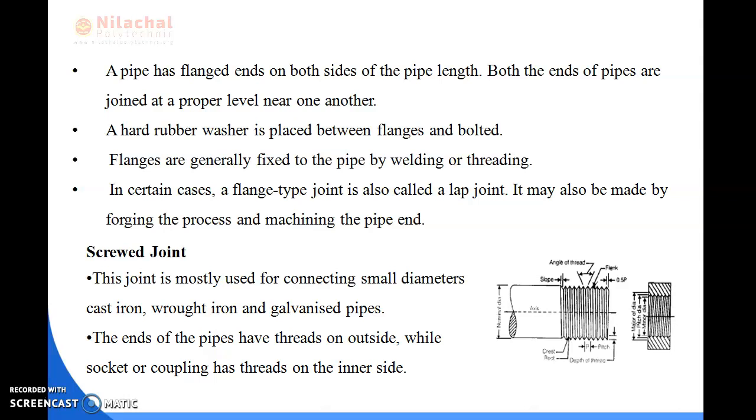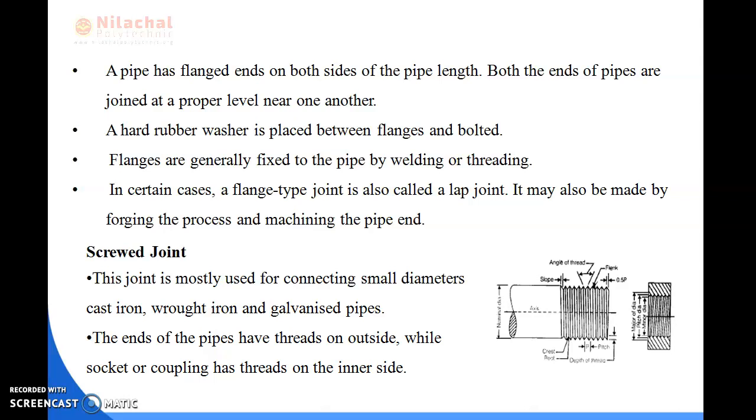Okay, so the last one is the screwed joint. This joint is mostly used for connecting small diameter cast iron, wrought iron and galvanized pipes. The ends of the pipes have threads on the outside, while the socket or coupling has its threads on the inner side.